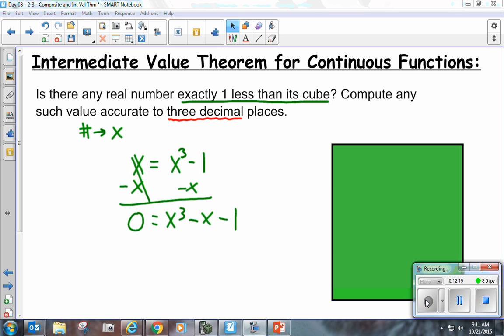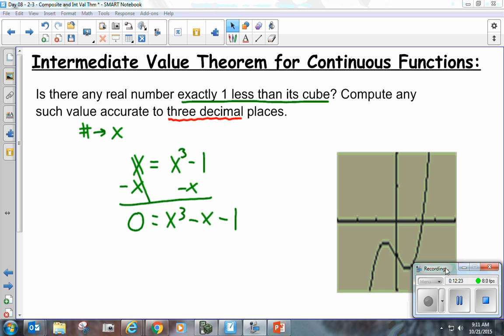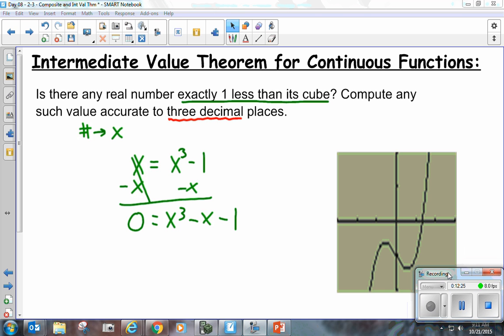And if I graph it, I should end up with this picture right here. And how do I know what the answer is to any polynomial set equal to 0? It's the x-intercept. It's where it crosses the x-axis. I want to figure out what this value is right here. So I'm going to put this equation back into the calculator and use my 0 function, my 0 calculation, to have the calculator give me what that value is.